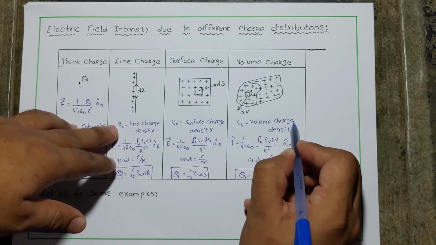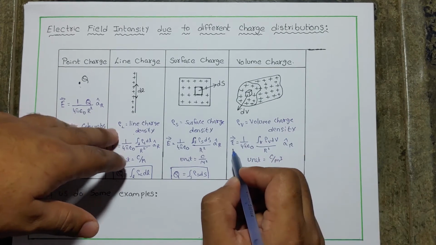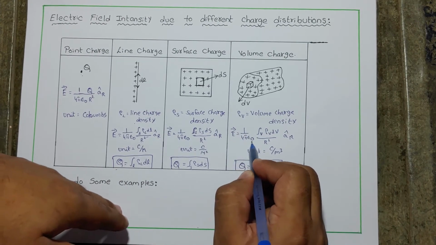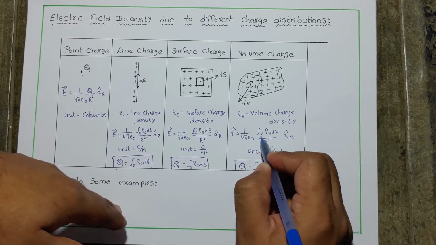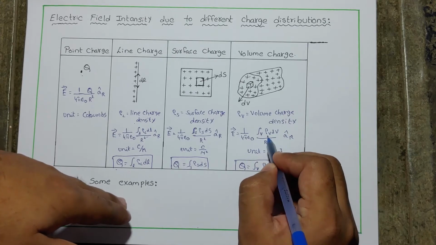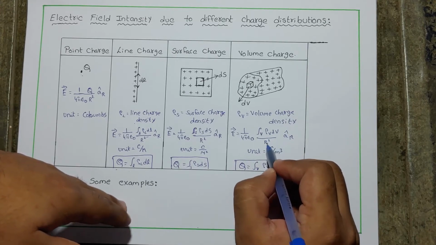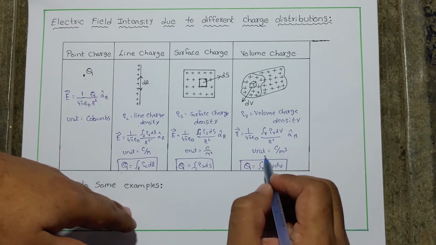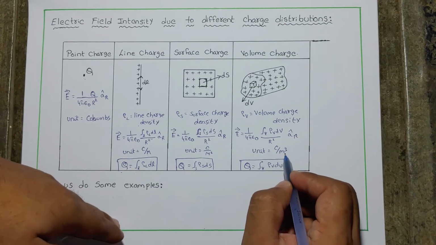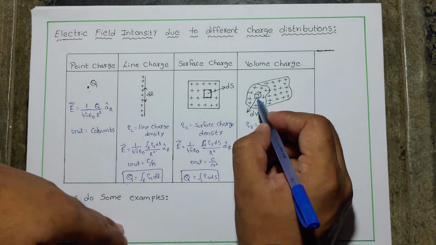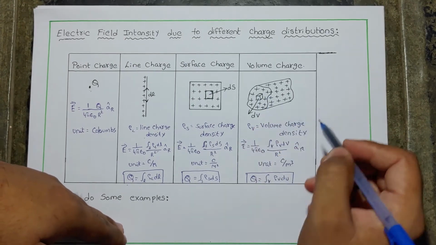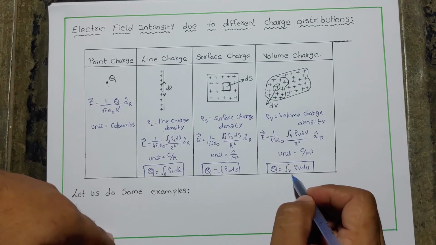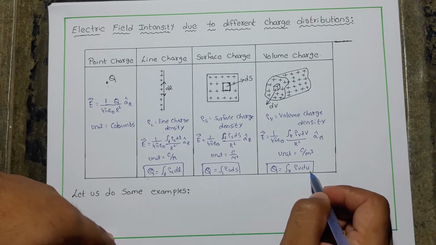Rho v is equal to volume charge density, and the electric field intensity E is equal to 1 by 4 pi epsilon naught volume integral of rho v dv divided by distance between the charges multiplied by unit vector in the direction, and the units for this are coulomb per meter cube, as this is a 3-dimensional volume, and the charge for this is volume integral of rho v dv.